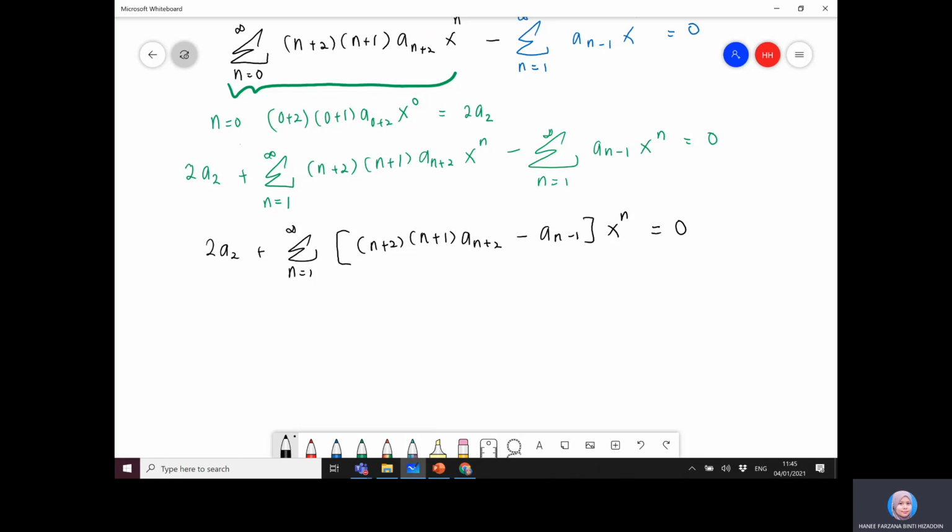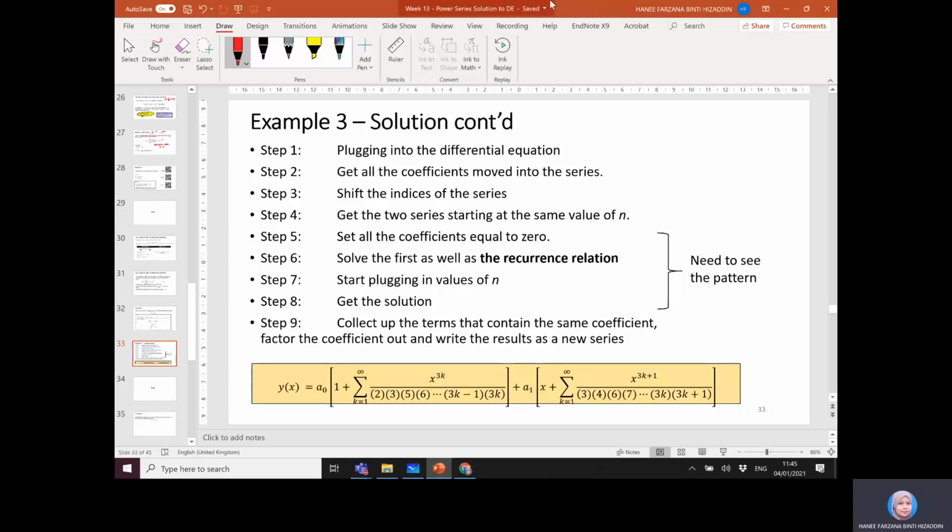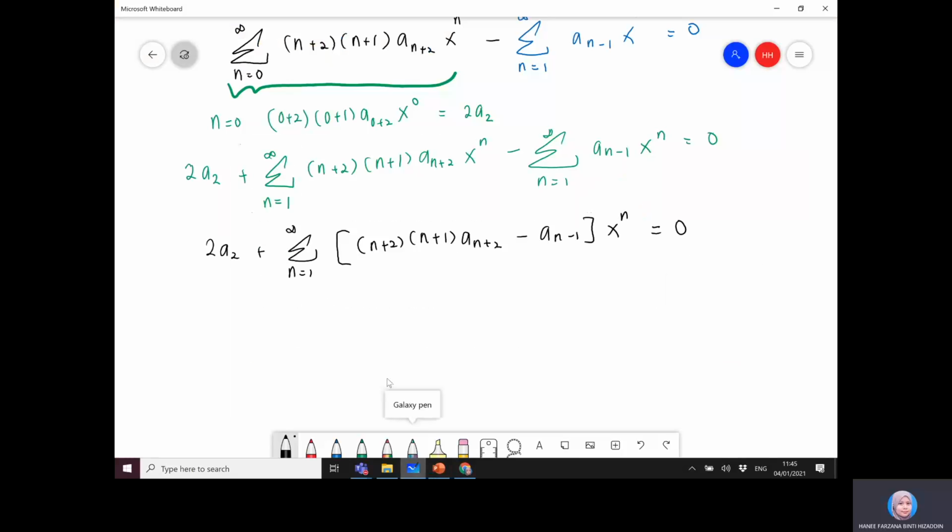So now, okay, I have actually put down the step-by-step here. So we have done this, we got this, we got this, we got this. So now step 5 is to set all the coefficients equal to 0. Because when you compare the coefficients, everything is equal to 0 on the right hand side.